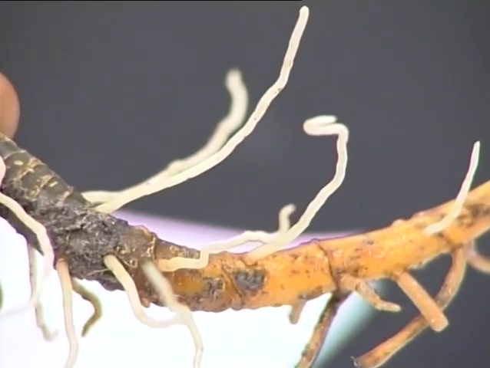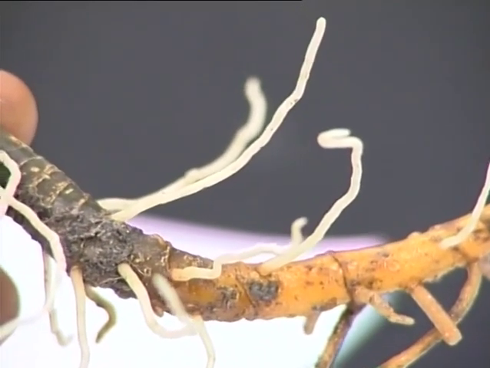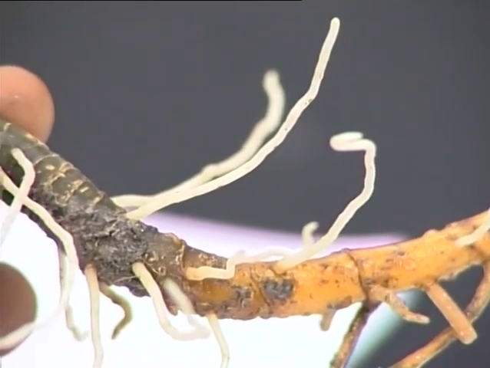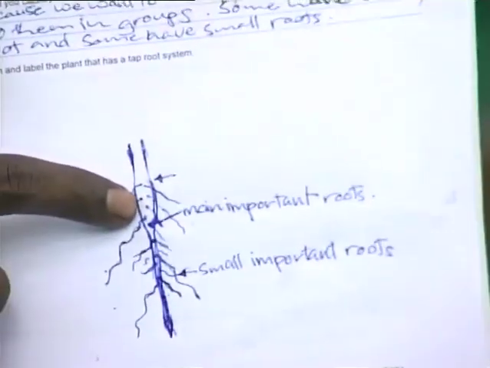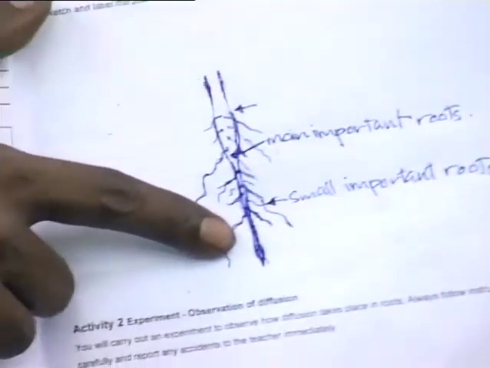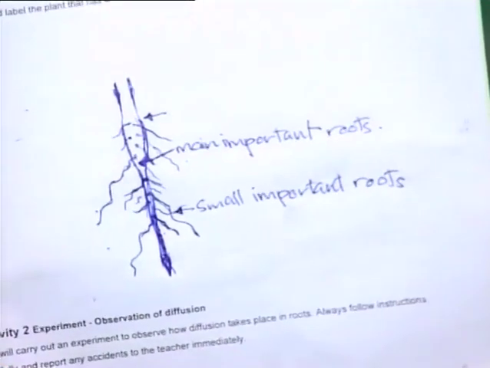Something like this, where you have one main root followed by other smaller roots on the sides there. So this is what Florence has done.